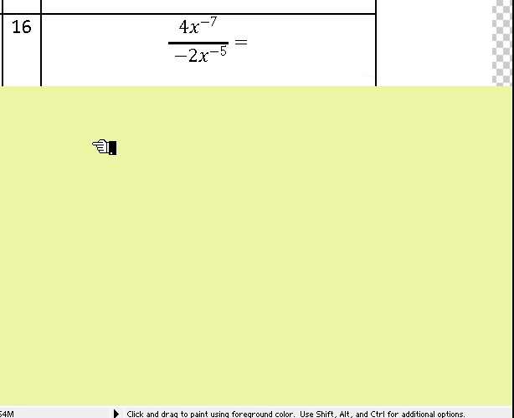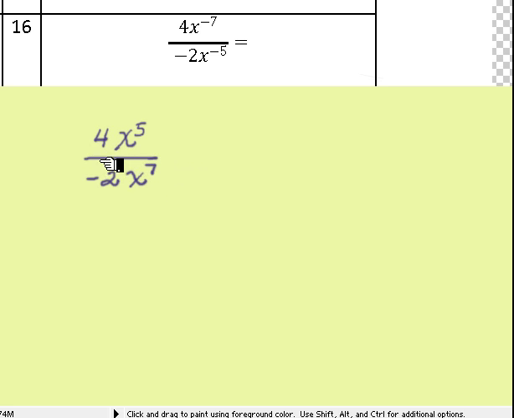All right, in number 16, we have another expression involving exponents. So I think what we'll do is first, before working with these powers of x, we'll change to positive exponents. All right, so we'll bring this up to the numerator as x to the 5th, and bring this down to the denominator as x to the 7.